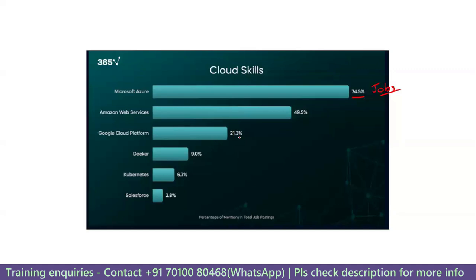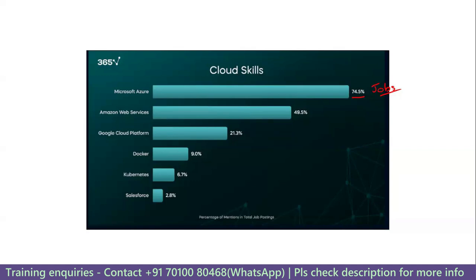GCP was mentioned in 21.3%. You have Docker and Kubernetes, which are not cloud platforms, yes, but these are technologies that are incorporated with cloud platforms and used, right? So this shows that Microsoft Azure, as things stand currently, has the highest demand in the market when it comes to data engineering.